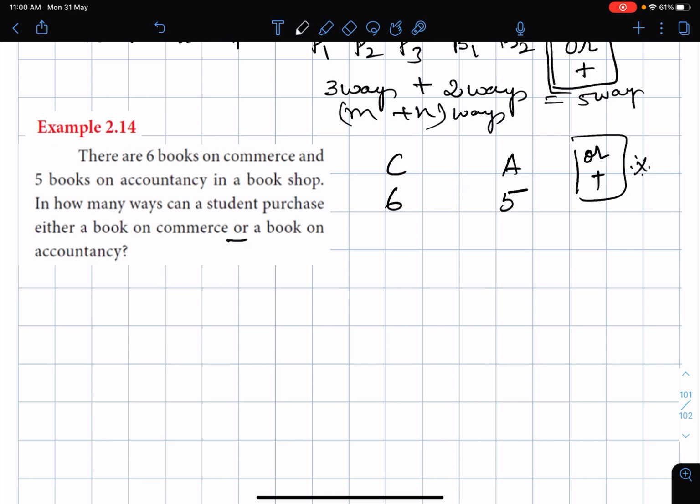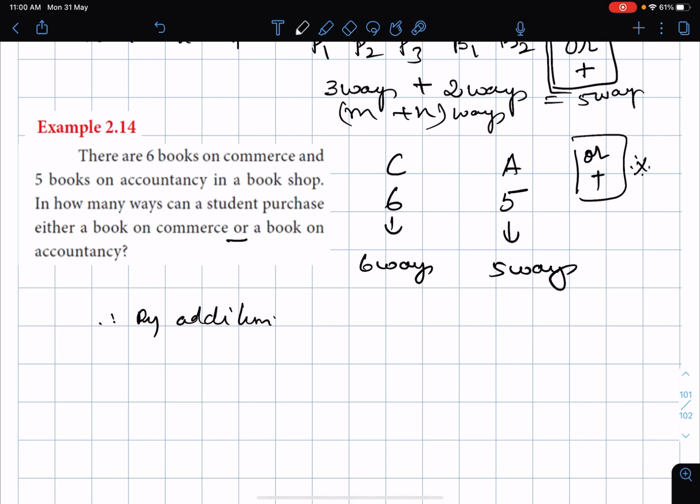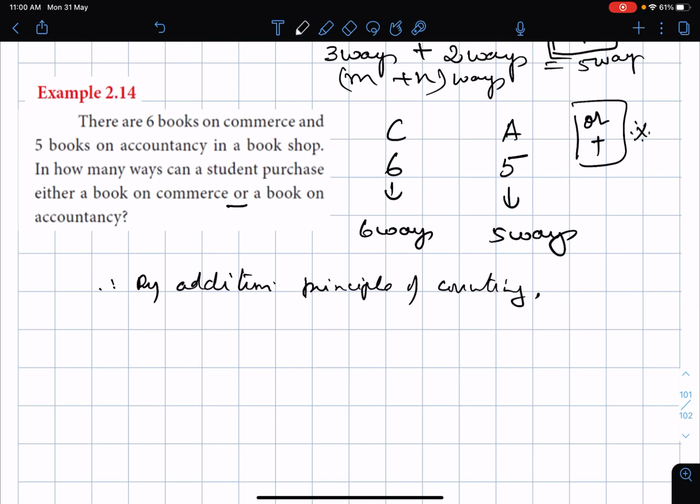In how many ways can we choose a commerce book? In 6 ways. In how many ways can we choose an accountancy book? In 5 ways. Then by the addition principle of counting, the total number of ways of purchasing any one book. He is going to purchase only one book, isn't it? How many ways can a student purchase?